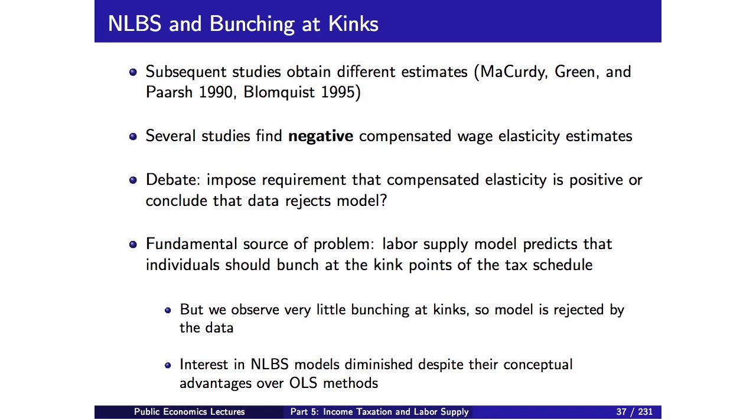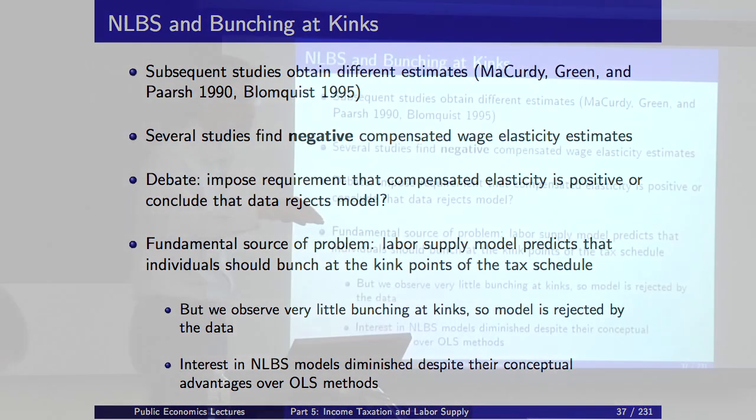You're implicitly assuming that people are maximizing utility, but a direct consequence of utility maximization is that the Hicksian elasticity cannot be negative. So when you get a negative elasticity estimate, you know something is wrong. That led to a debate about whether you want to impose the requirement that the compensated elasticity has to be positive. One way to think about this is maximum likelihood estimation with constraints.